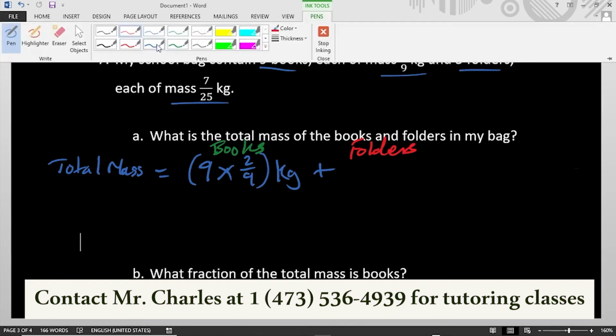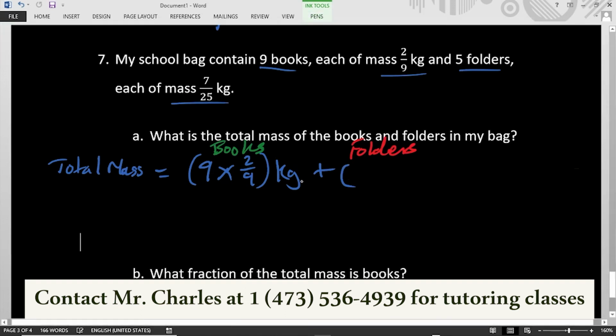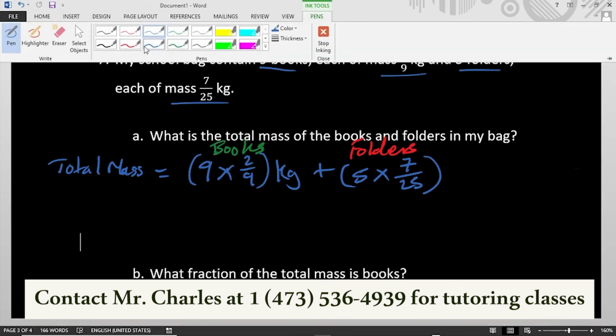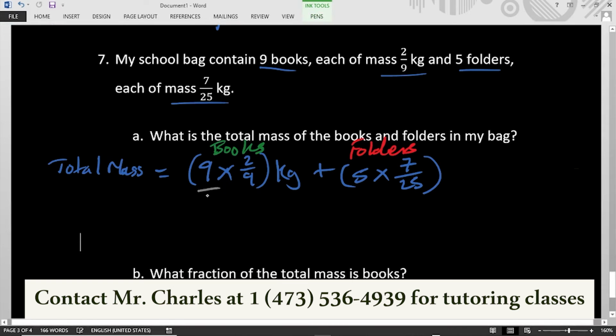Good, so we would have here plus 5 folders, so 5 times 7 over 25, and then 9 could be written as a fraction, 9 over 1, and 5 could be written as a fraction, 5 over 1.